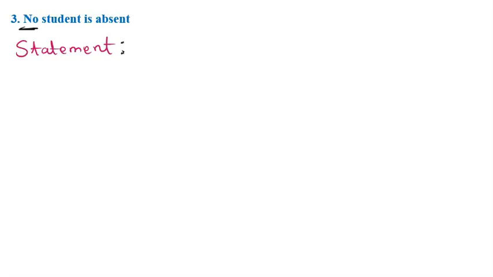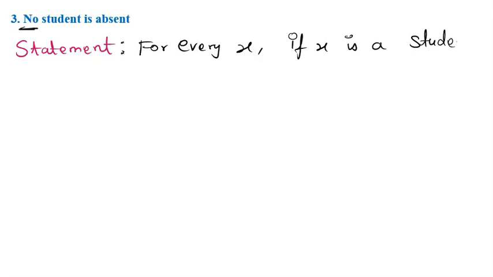Converting to an easy sentence: for every x, if x is a student, then x is not absent.